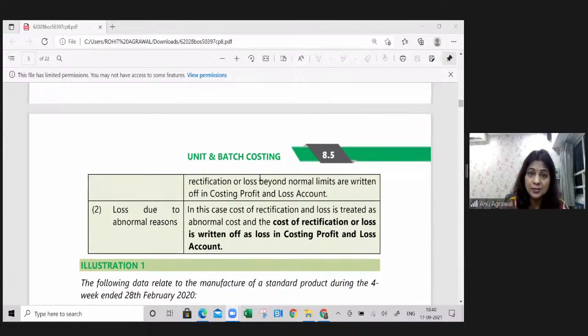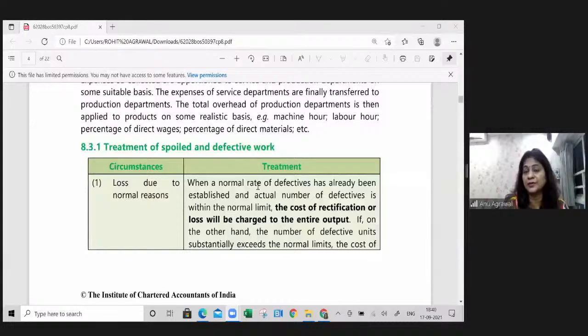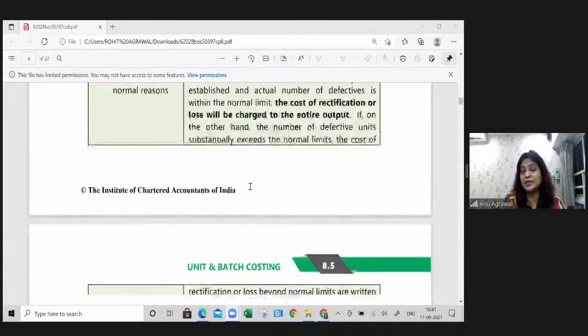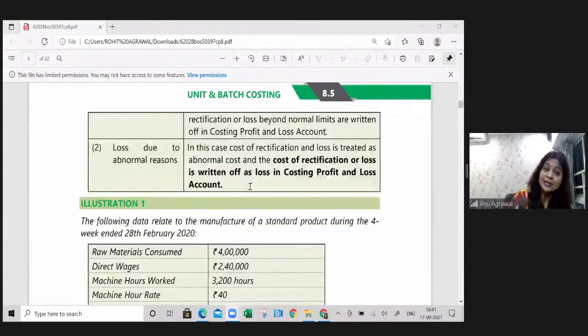Now, this aspect is very important. This treatment of spoiled and defective. First you should understand spoiled and defective. Spoiled means beyond repair. Defective means, yes, after doing some expenditure, I can recover the original units. Then can I charge the expenditure which I do to rectify the defective units?